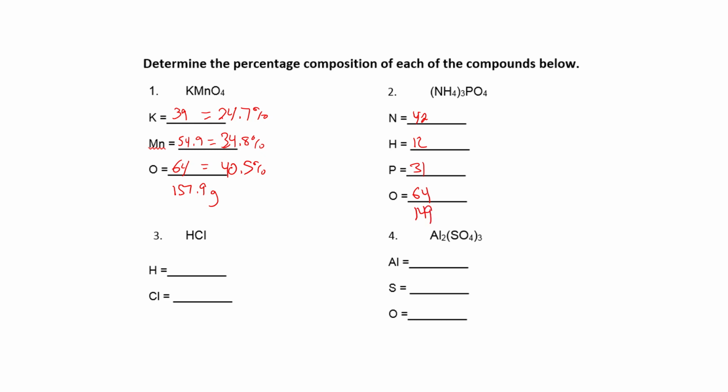To get the mass percent, you just divide each one of these by the total and multiply by 100%.